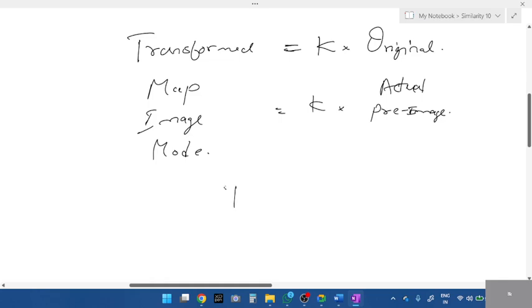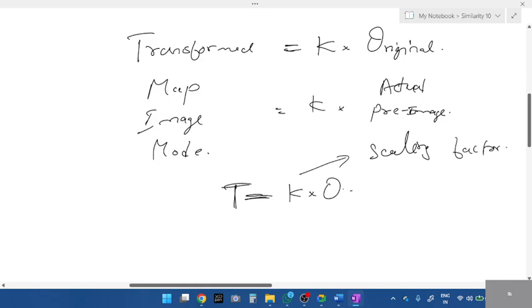So basically just remember this, T is equals to K into O, TKO. Okay, remember this term, TKO. K stands for scaling factor. Fine.